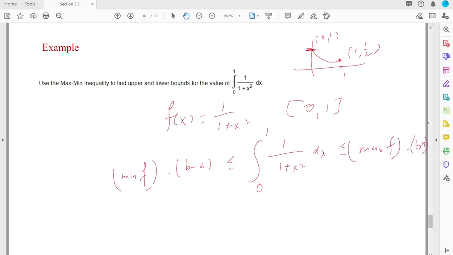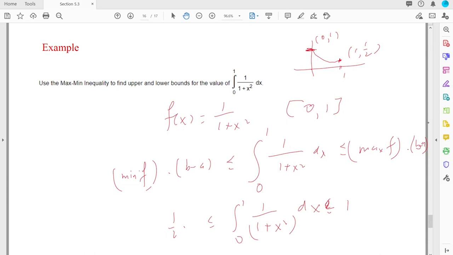So just plug b and a, and the minimum value of the function is given here by using this graph. It's a half times b minus a, which is 1 minus 0 is 1, and the maximum value is 1, so 1 times b minus a is 1. So this is bounded by 1 from the upper bound, and by half from the lower bound.